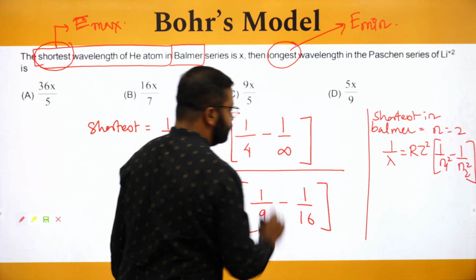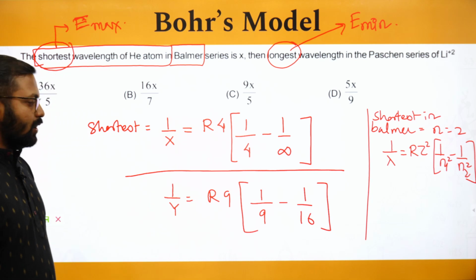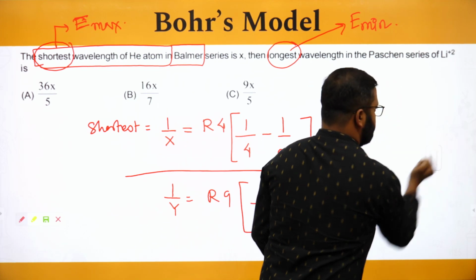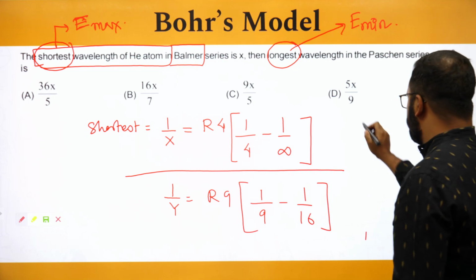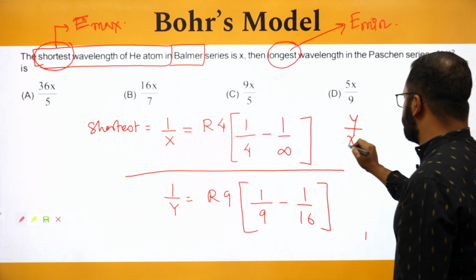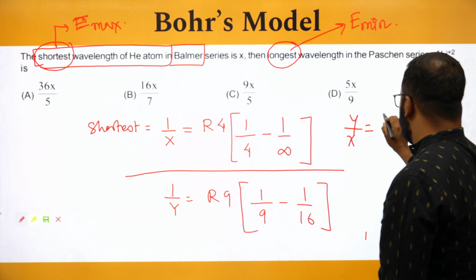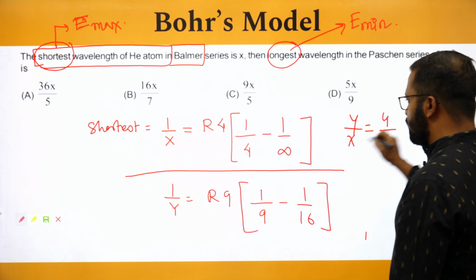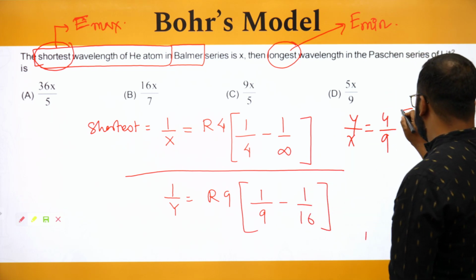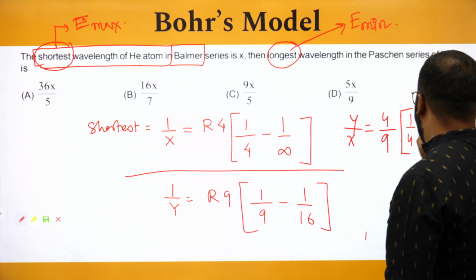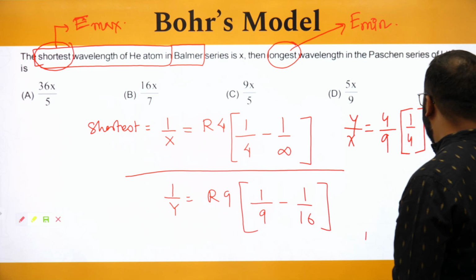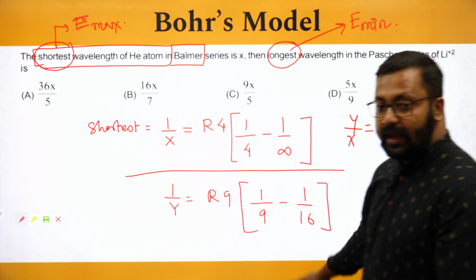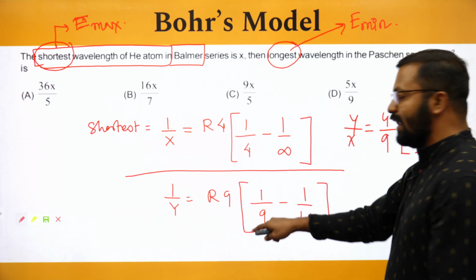Now we divide both of them. If we divide both, can you tell me what the answer will be? I'll write y upon x is equal to 9 upon 4 times 1 by 9 minus 1 by 16, which turns out to be 16 and 9. What will be the LCM of 16 and 9?